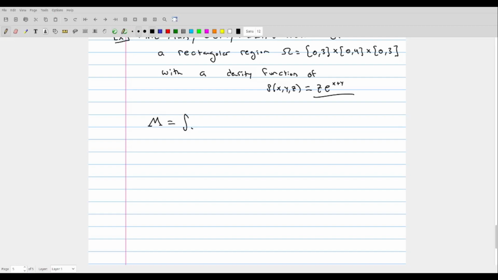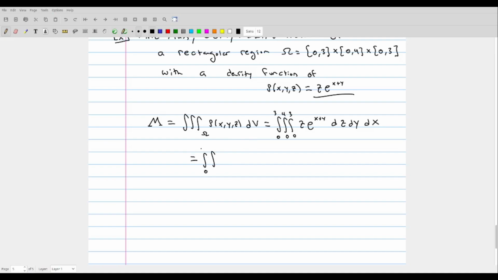The total mass is going to be the triple integral over omega of the density function, which is going to be the triple integral for x from 0 to 3, y from 0 to 4, and z from 0 to 3 of the function z times e to the x plus y, dz dy dx. e to the x plus y does not depend on z at all.